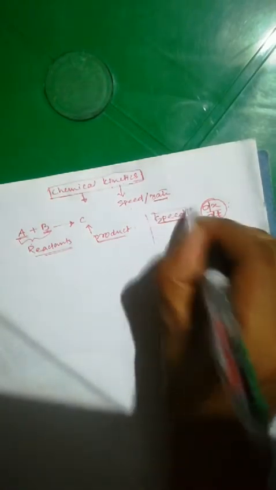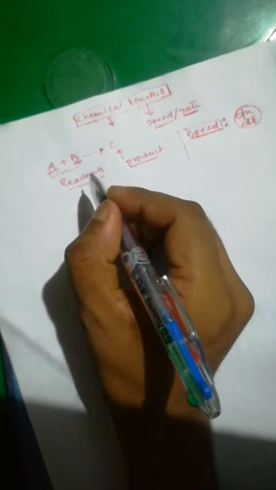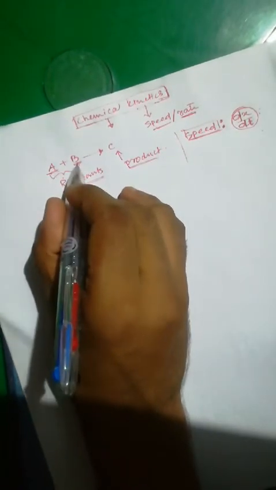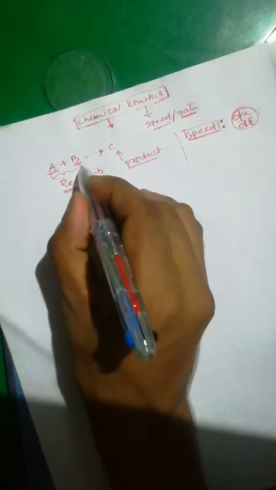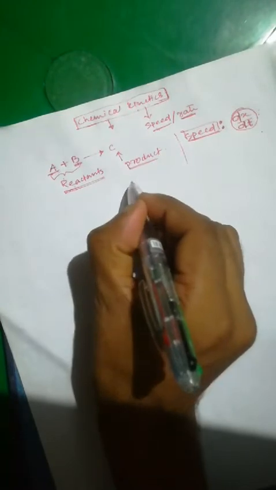All right, but in a chemical reaction, how will we calculate the speed or rate of a chemical reaction? In a chemical reaction, remember one thing: the amount of the reactant will always decrease and the amount of product will always increase.